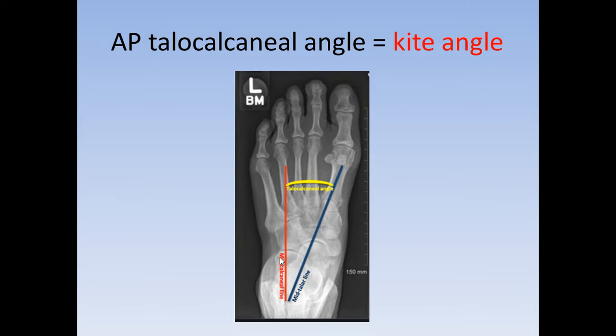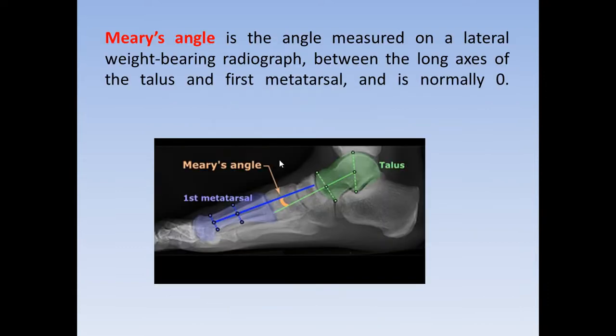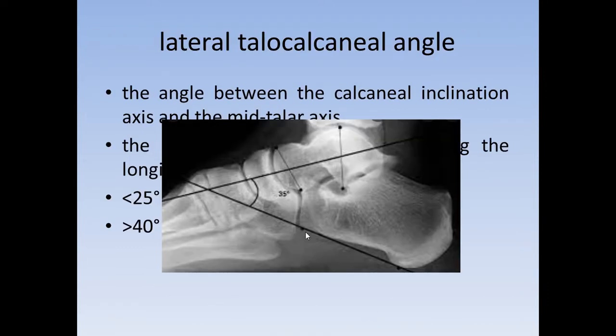And also for the calcaneus, either the same anatomical midpoints of the first transverse line and midpoints of the second transverse line, then the anatomical line, or just from the lateral surface of the calcaneus. This is called the Kite angle or AP talocalcaneal angle, because there is a lateral talocalcaneal angle here.